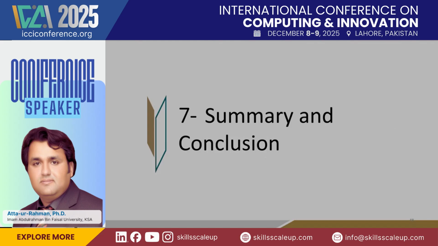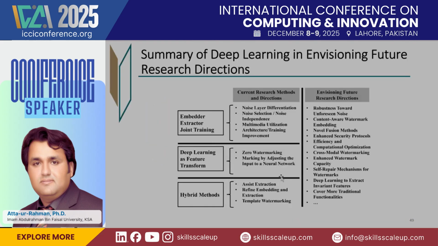Now I'll go for summary and conclusion. So this summary shows that deep learning can be a potentially successful candidate in digital image watermarking. A lot of research directions can be seen in this diagram. So we can employ deep learning approaches in a variety of contexts.